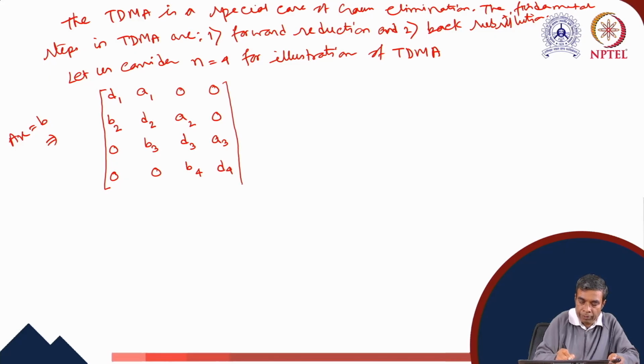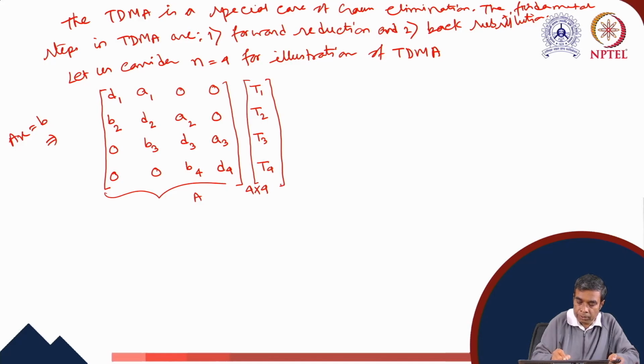So we have a 4 by 4 square matrix. This is A, and the degrees of freedom, they are T1, T2, T3 and T4. Our known RHS vector is C1, C2, C3 and C4.